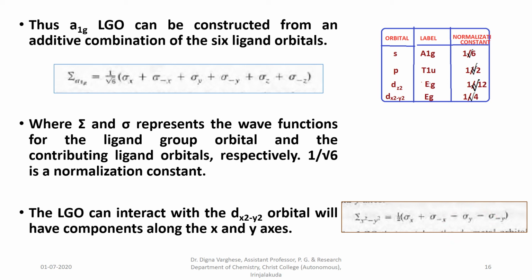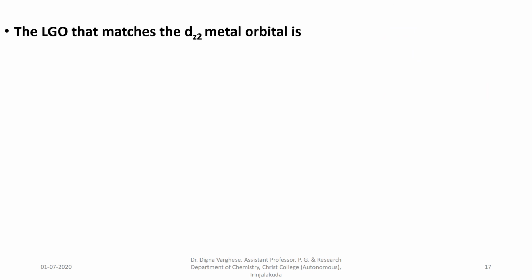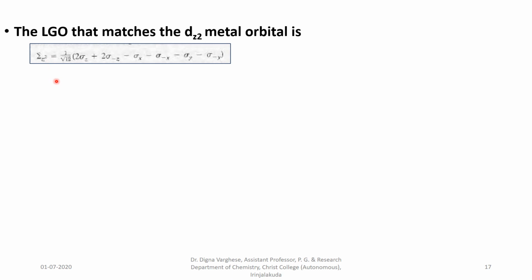The LGO that matches the dz² metal orbital is sigma z², 1 by root 12, 2 sigma z plus 2 sigma minus z minus sigma x minus sigma minus x minus sigma y minus sigma minus y. Finding the ligand sigma orbital combination for the dz² orbital poses some difficulty.